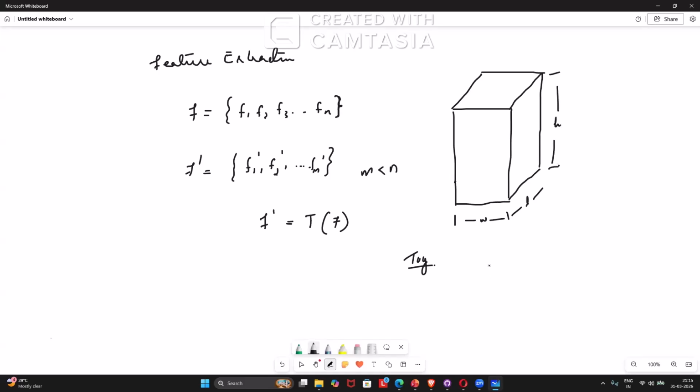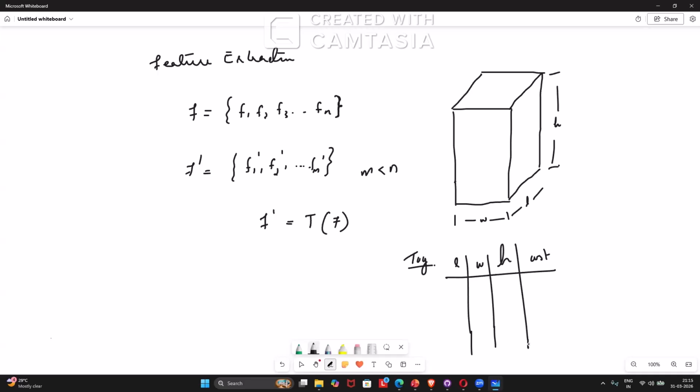So we have three features: width, length, and height. And we need to predict the cost of the toy.